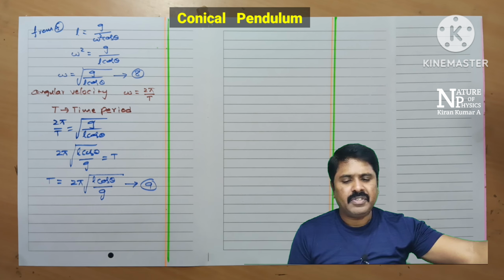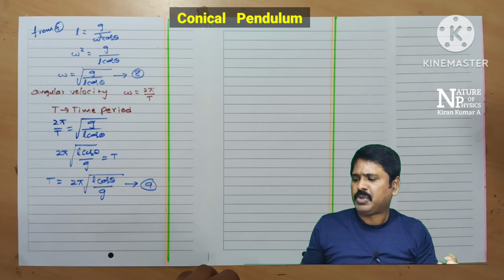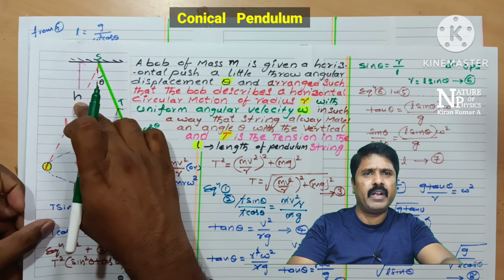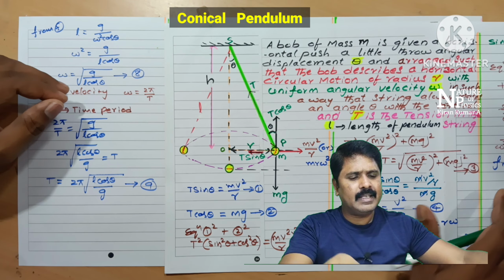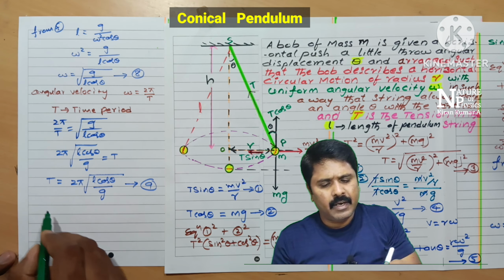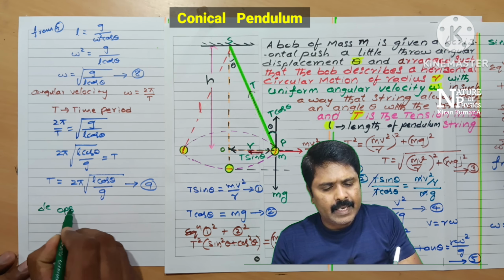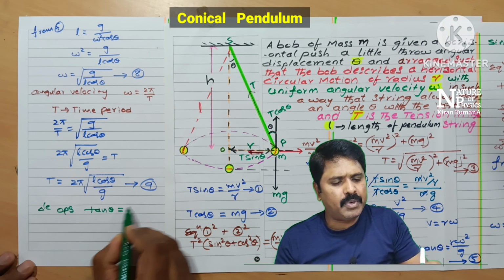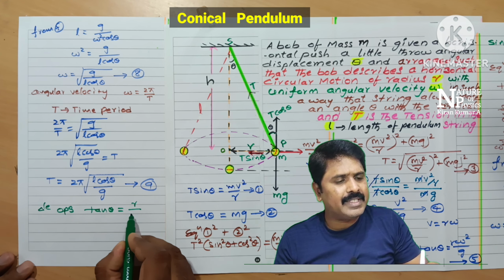After this, the next step is the height raised by the conical pendulum. Student, clearly given, see there, we consider the h value. For h value, the equation is from the triangle OPS, tan theta is equal to opposite, R, divided by adjacent side, that is h.